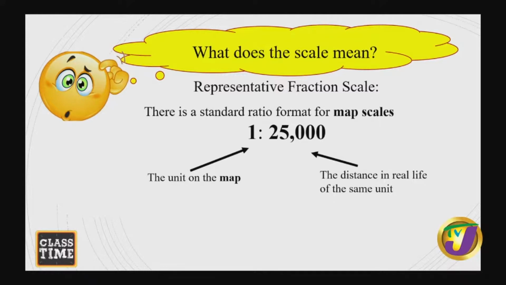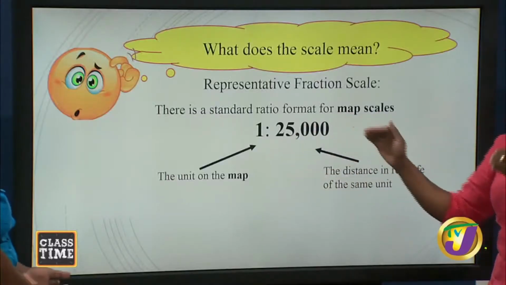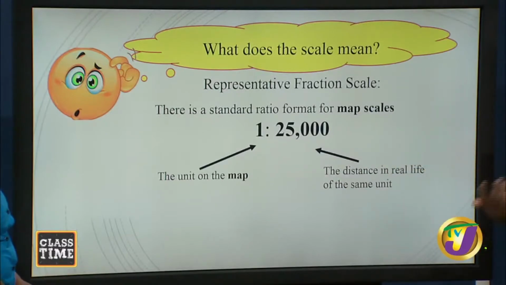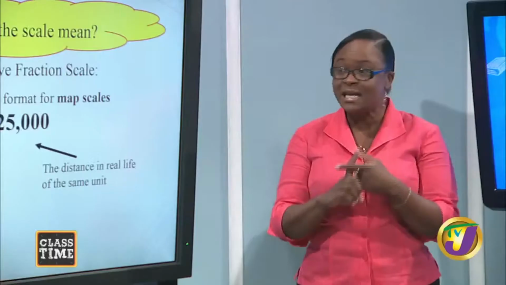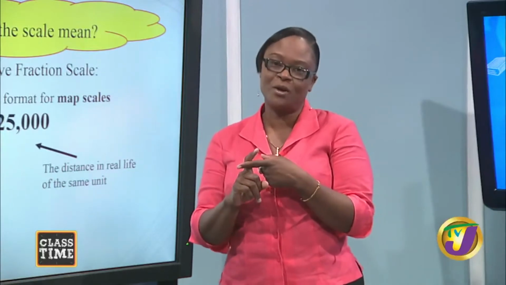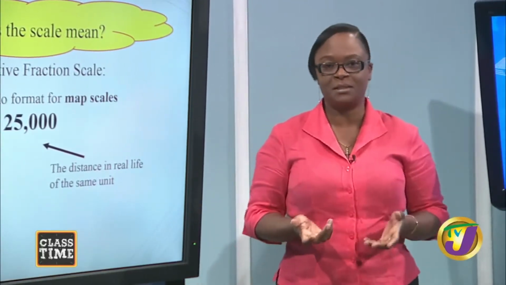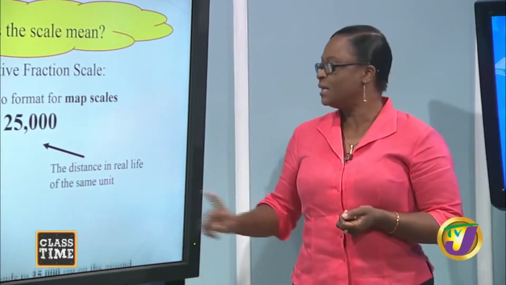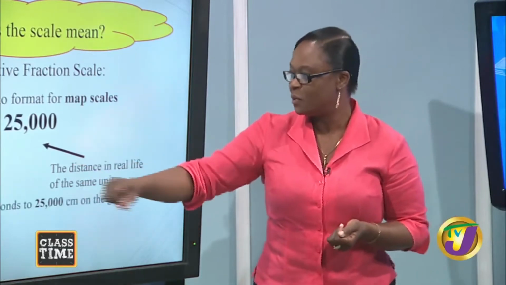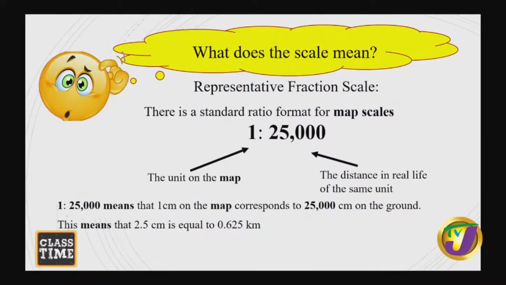So if the first term was in centimeters, the second term would also be in centimeters. We need to know this whenever we problem solve. So 1 to 25,000 means that 1 centimeter on the map corresponds to 25,000 centimeters on the ground.